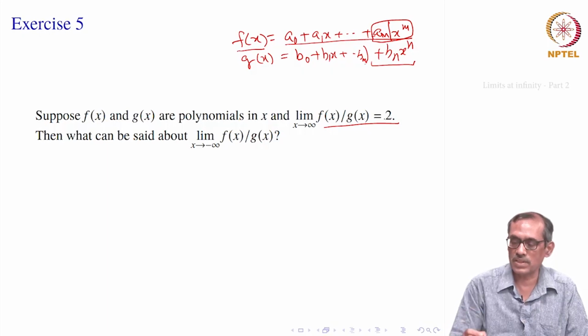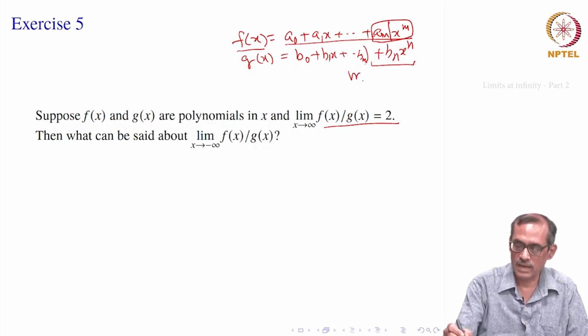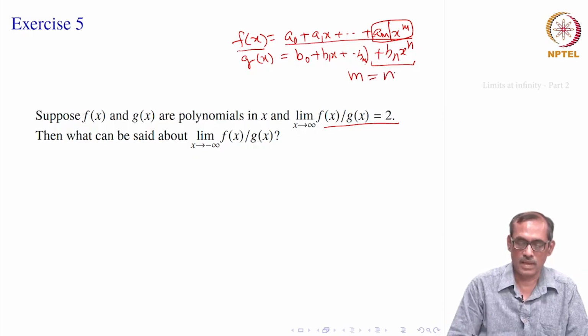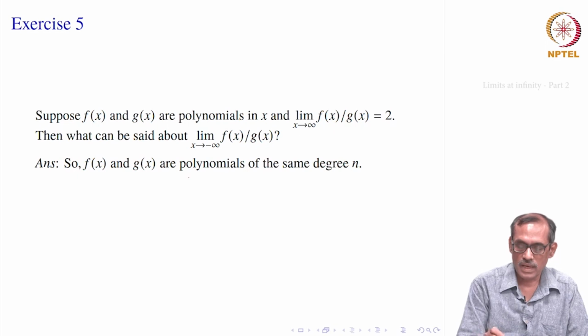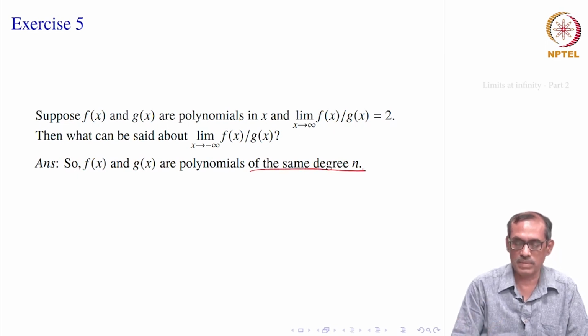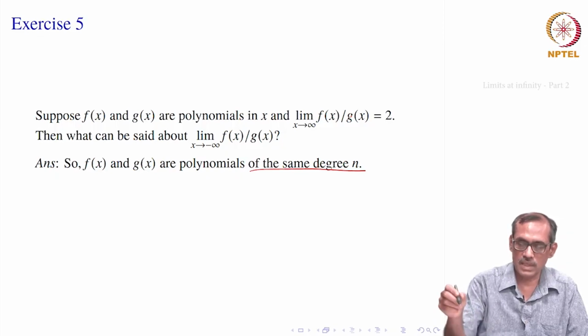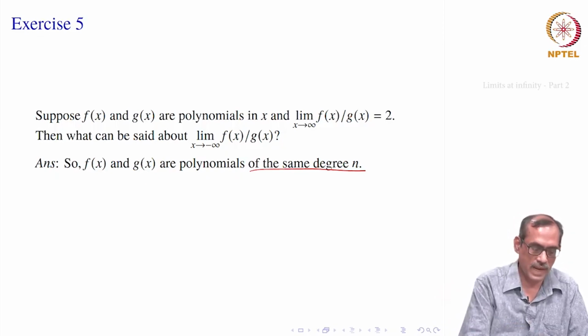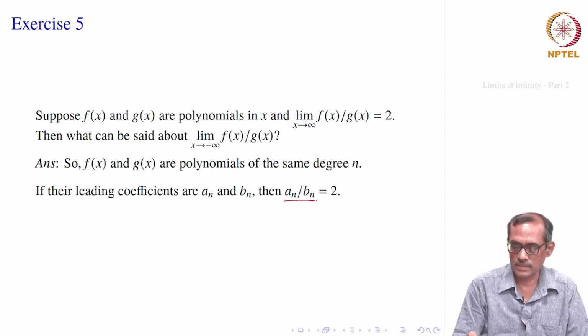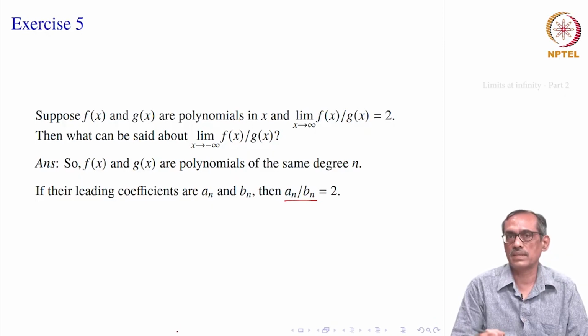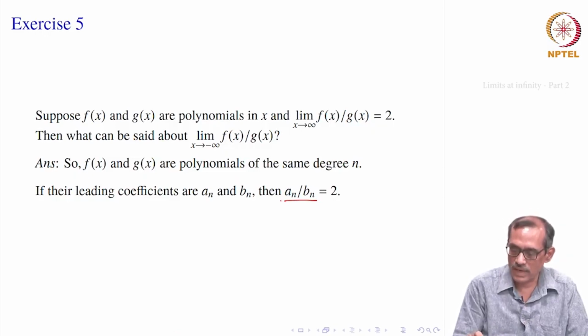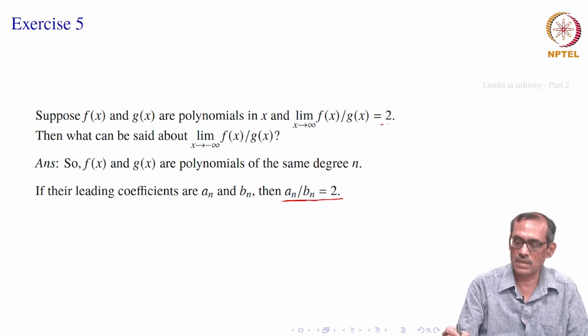So, what we have is that the limit exists and it is non-zero, therefore m must be equal to n, that is the first argument we find, right. So, the polynomials must be of the same degree. Once m equals n, we divide by x to the power n, everything becomes 0 except the last two. So, you would get a n by b n, and all the other terms will have x in the denominator, which goes to 0 when x goes to infinity. So, you must have a n by b n equal to 2, that is what the condition says.